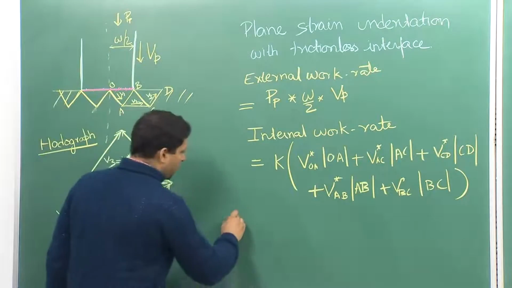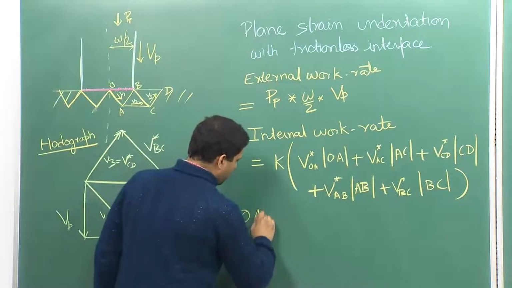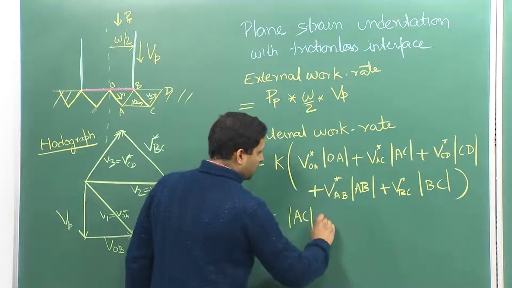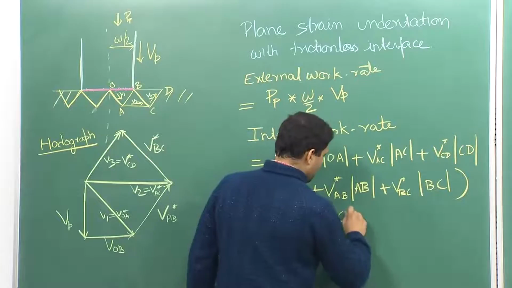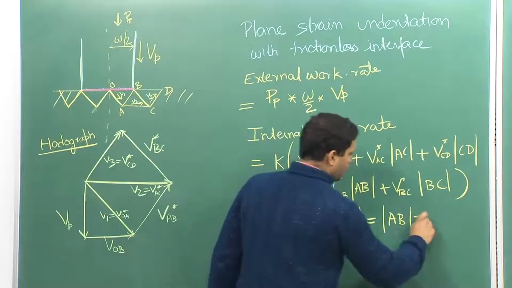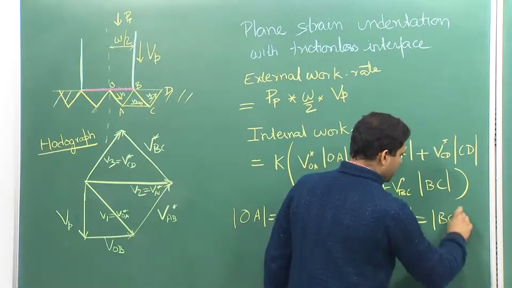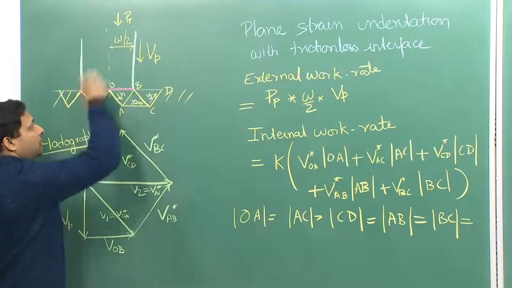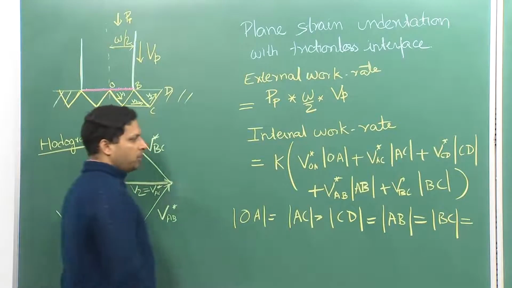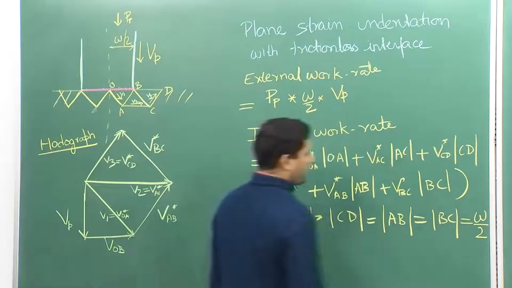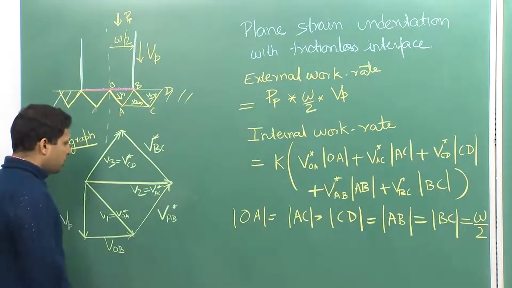Therefore, OA equals AC equals CD equals AB equals BC, which is equal to this length. This length we have seen is equal to W by 2. Now, what about the velocities?